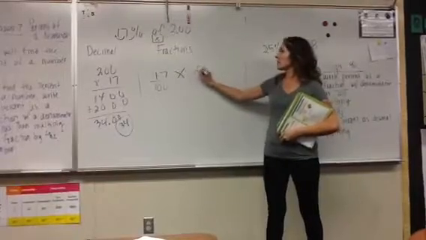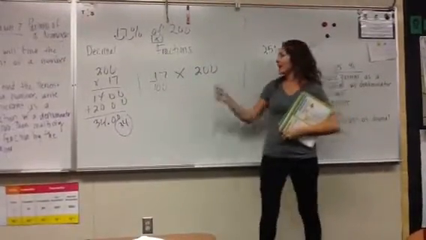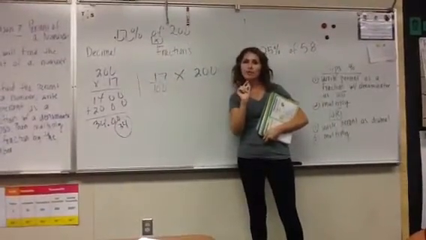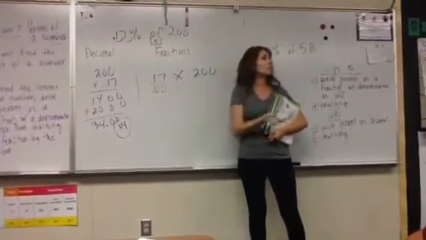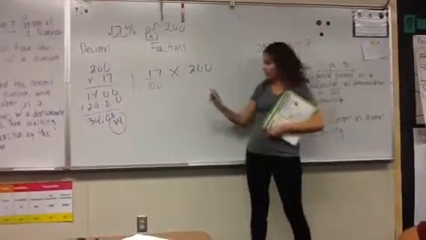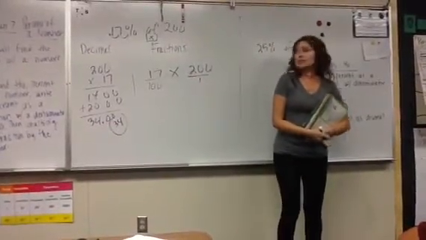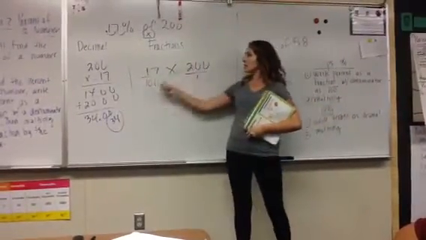17% looks like this as a fraction. Now I put the next number behind the x for multiplication sign, and I need to make this in fraction form without changing its value, because it still has to equal 200. The easiest way is to do what? Write a 1 on the bottom. Yes, Jacob, write a 1. If you like to cross-cancel, and kids do, you can cross-cancel diagonally.